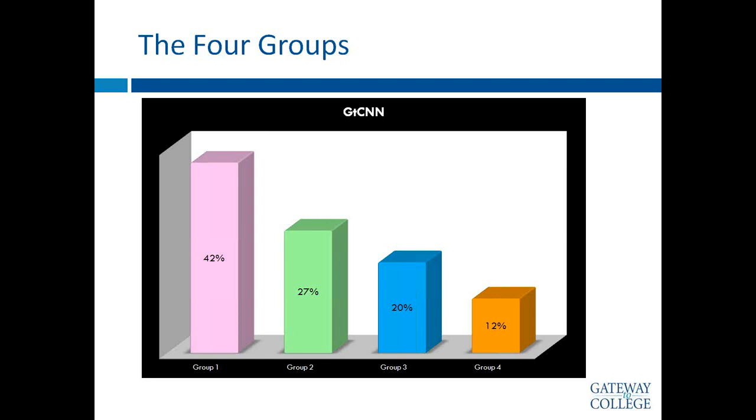And then the third group really dealing with some parenting challenges and some problems in the home. And then the fourth group really just has some issues, pretty much they're struggling all the way around.